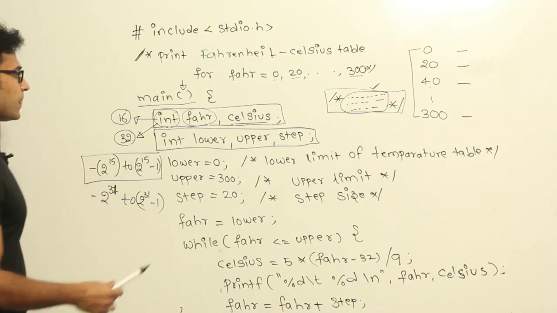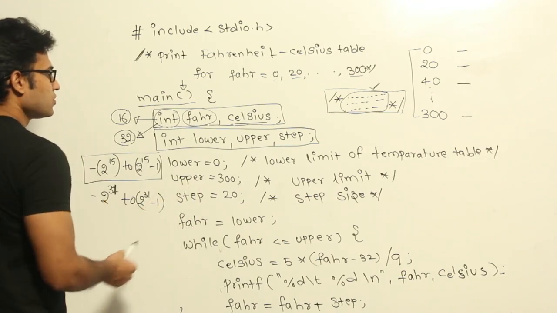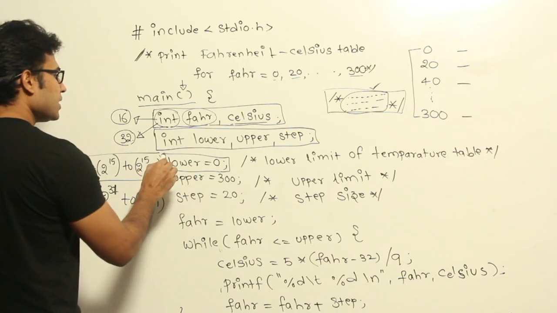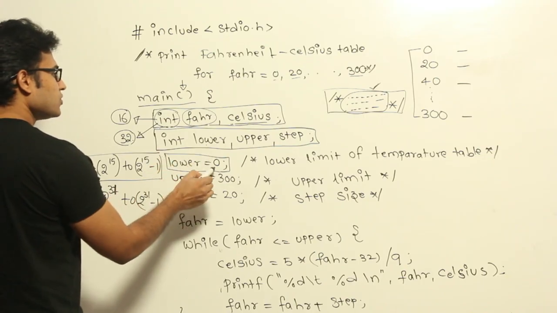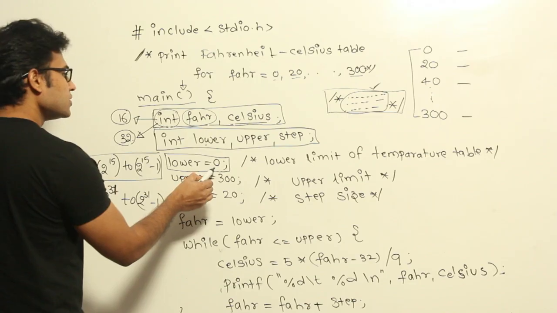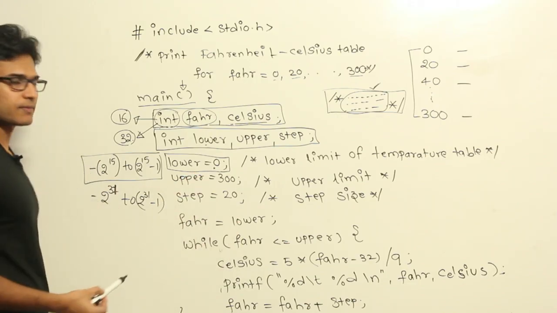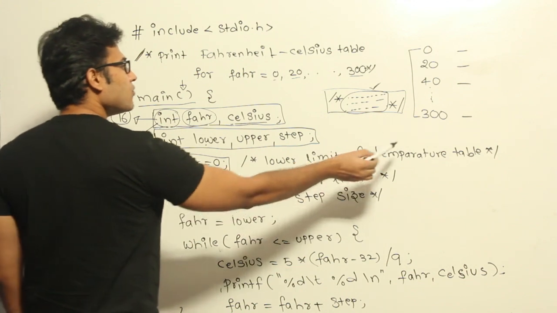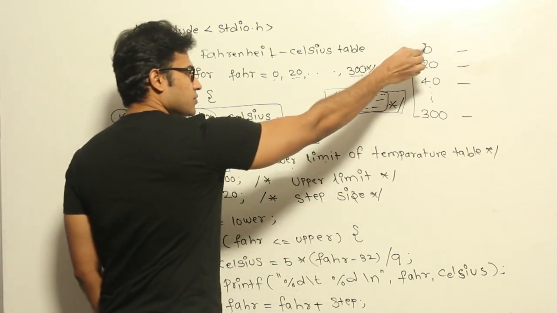And the next one is lower equal to 0. This is called initialization. Initialization means we are simply initializing lower to 0, which means we are assuming that the initial value of lower is going to be 0 before we start execution. And again this is a comment saying the lower limit of the table, which means we are starting from 0.